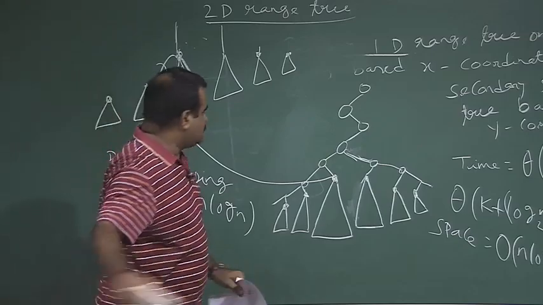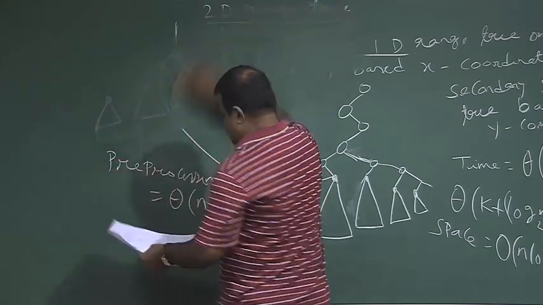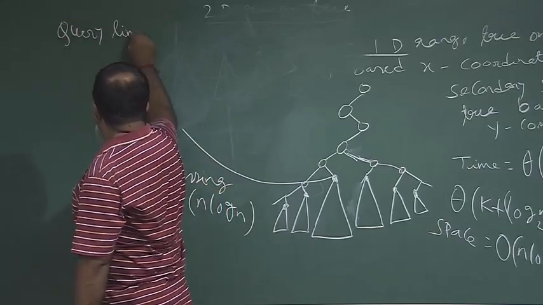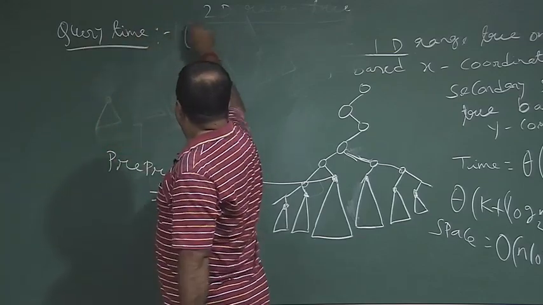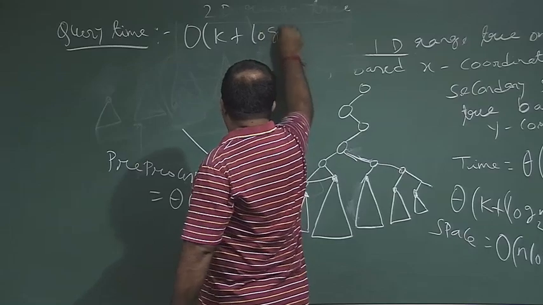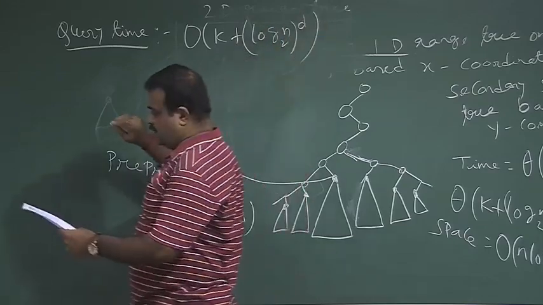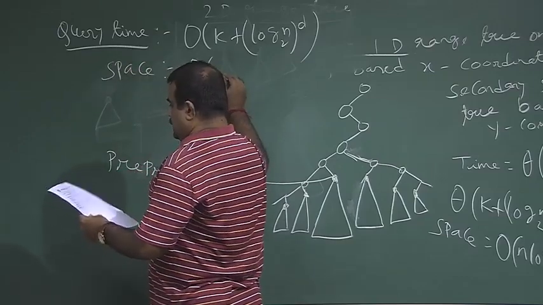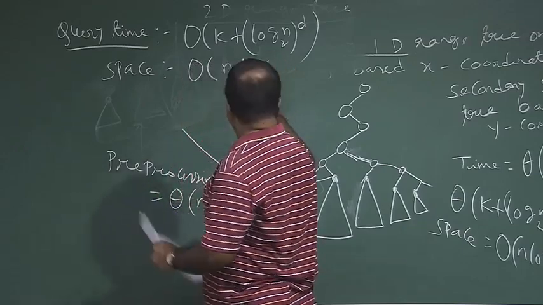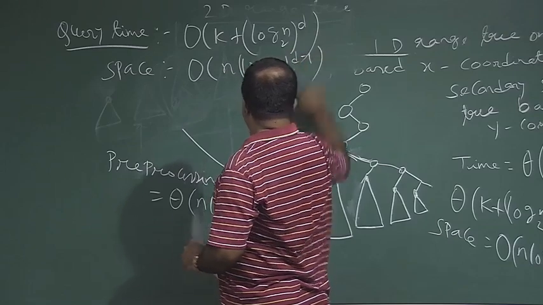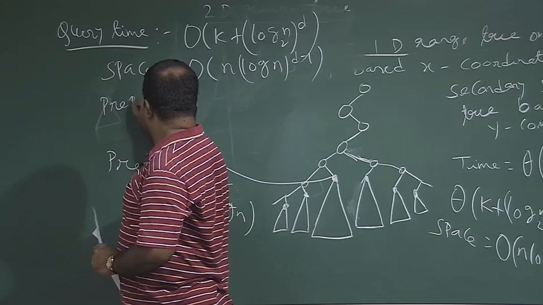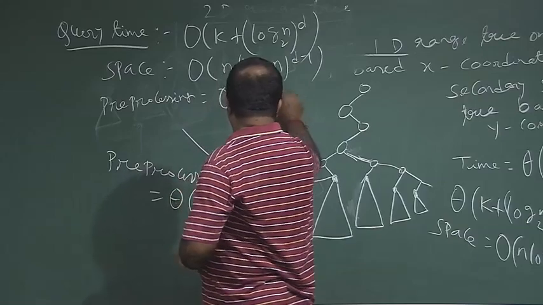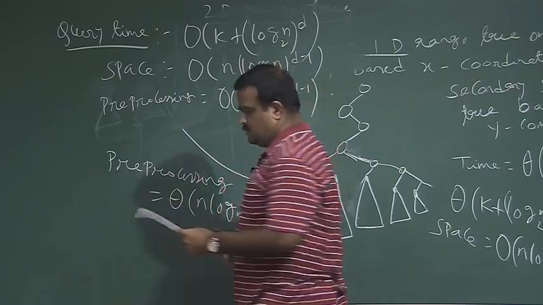If we extend it to d dimensional space, then our query time in general will be k plus log n base 2 to the power d, for d dimensional points like a database. The space will be n log n to the power d minus 1, and the preprocessing time is order of n log n to the power d minus 1.